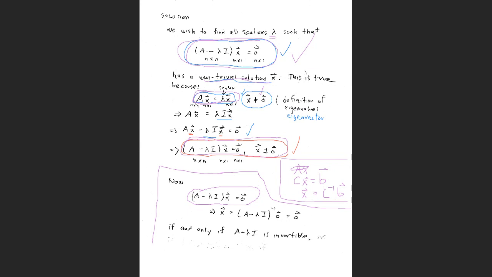If we just had that matrix equation and we wanted to solve for x, if A minus lambda I were invertible, then x would equal A minus lambda I inverse times the 0 vector, which is equal to the 0 vector. That would only happen if A minus lambda I is invertible. Are we agreed on that?